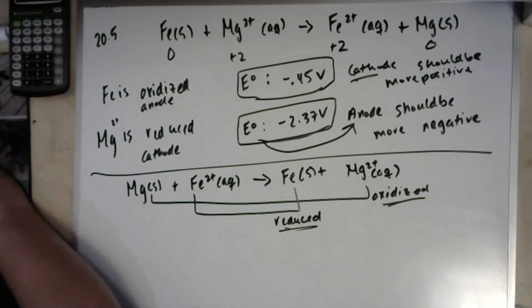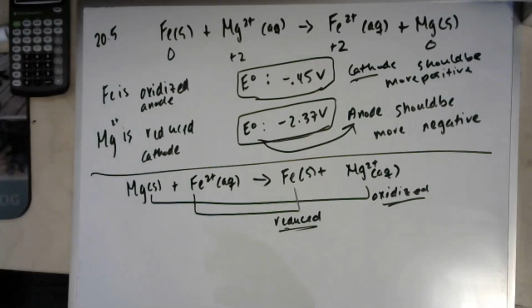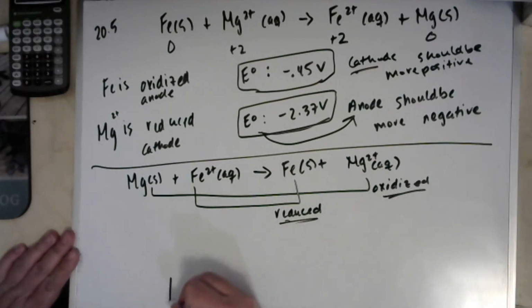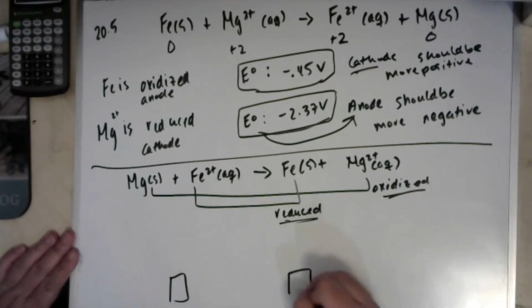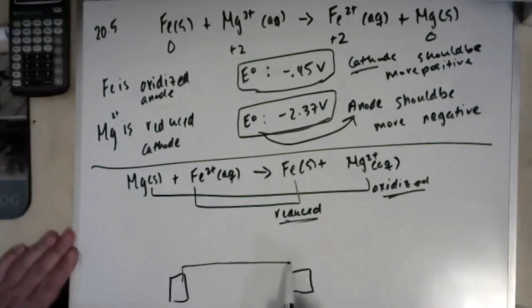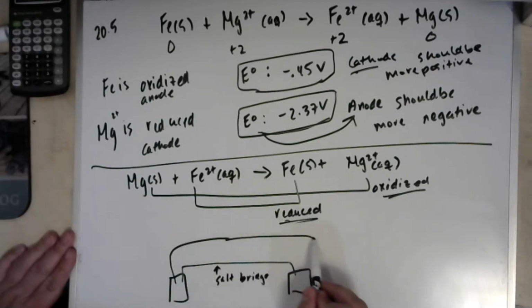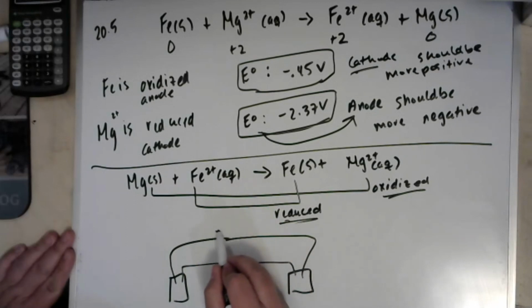Once you have the direction of the reaction correct, then you can draw yourself a little sketch of a cell. They don't have to be very fancy, like 2 rectangles here. You can have your salt bridge. You just have to label it salt bridge. And this would be the connecting wire. Your electron flow is going to be from anode to the cathode.